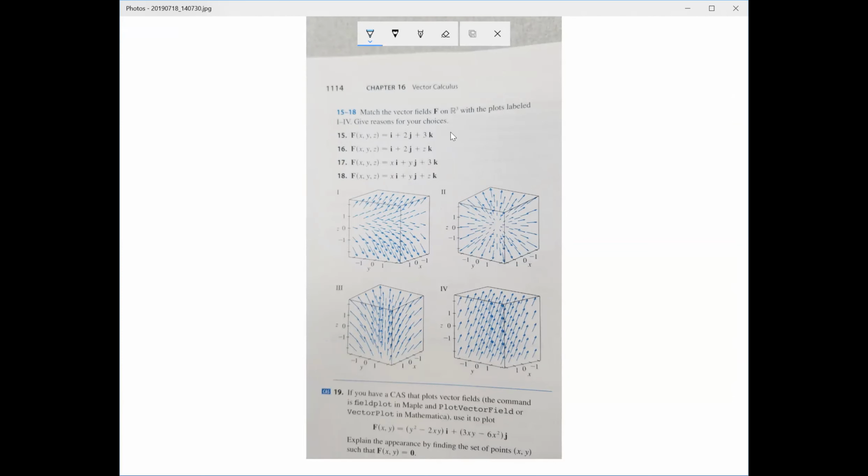So for 15, what we notice is that all the vectors actually point in the same direction, right? For the coordinates, we have that i has a constant coefficient of 1, j has a constant coefficient of 2, while k has a constant coefficient of 3. So what we can say is they're all positive, right?